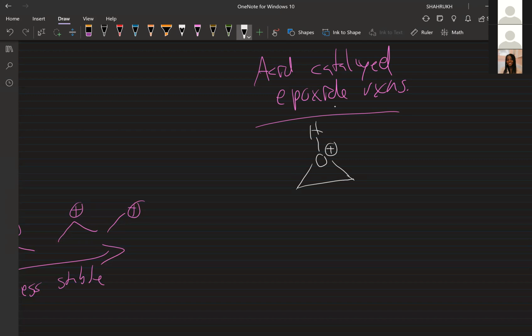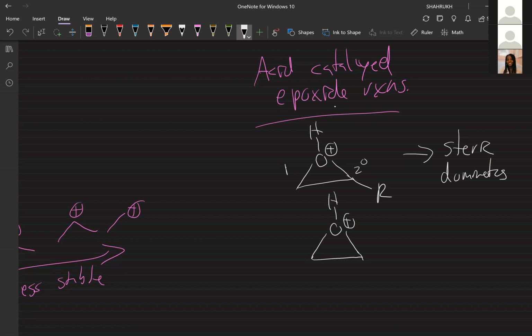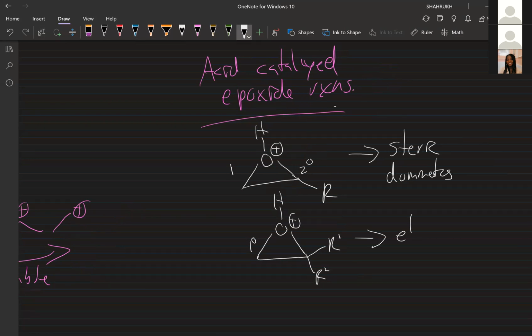So here we did examples. This would be one R group, so this would be secondary and primary, right? So here, sterics dominates. Now, if you have something like primary and tertiary, electronic dominates.